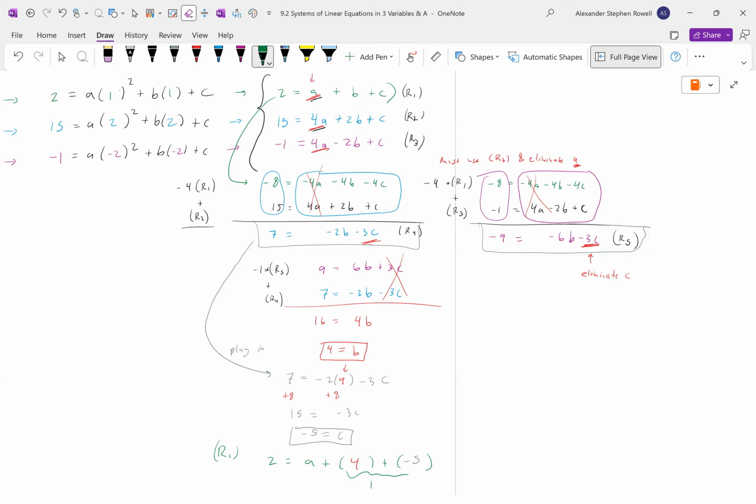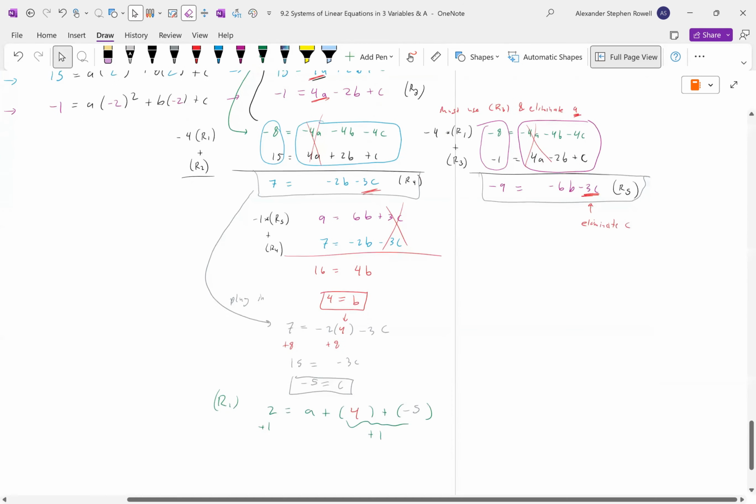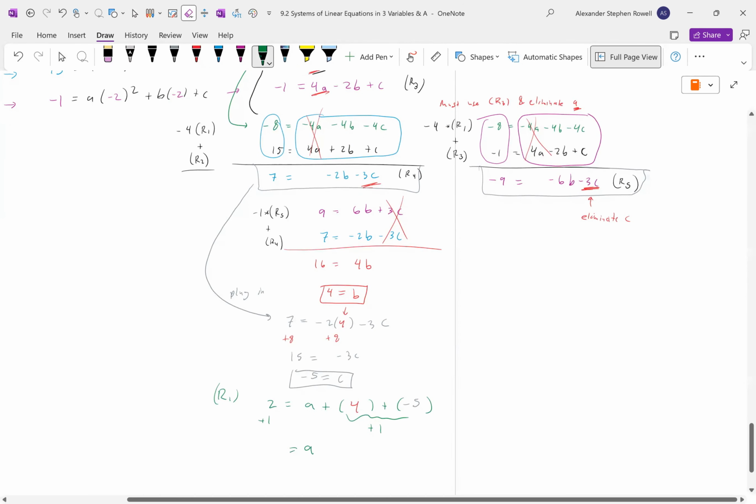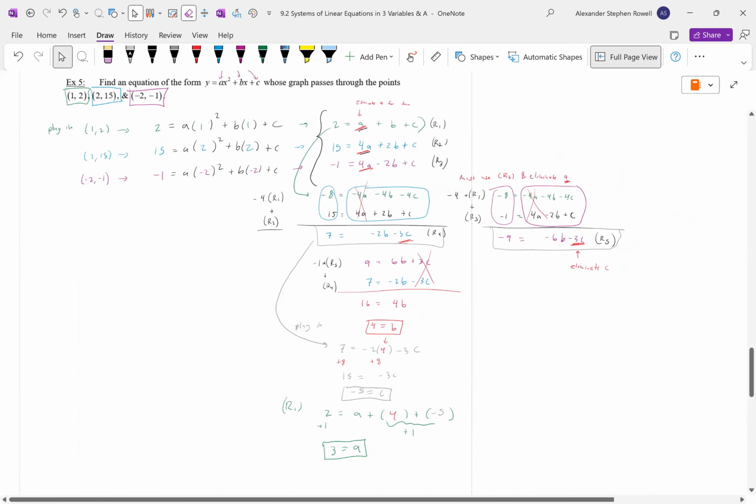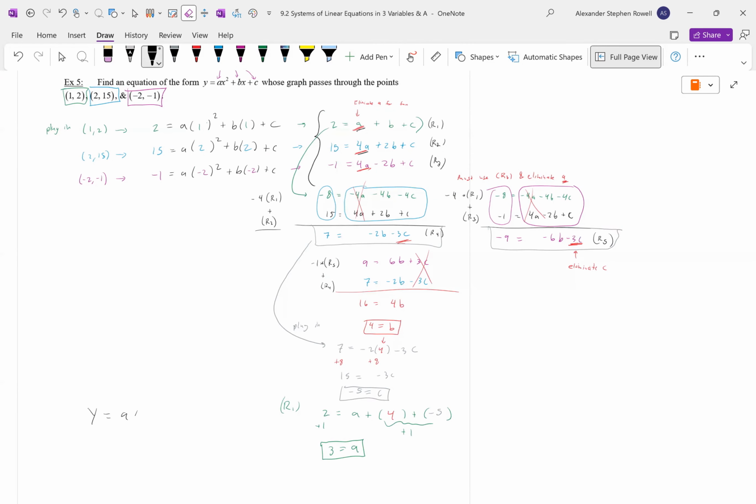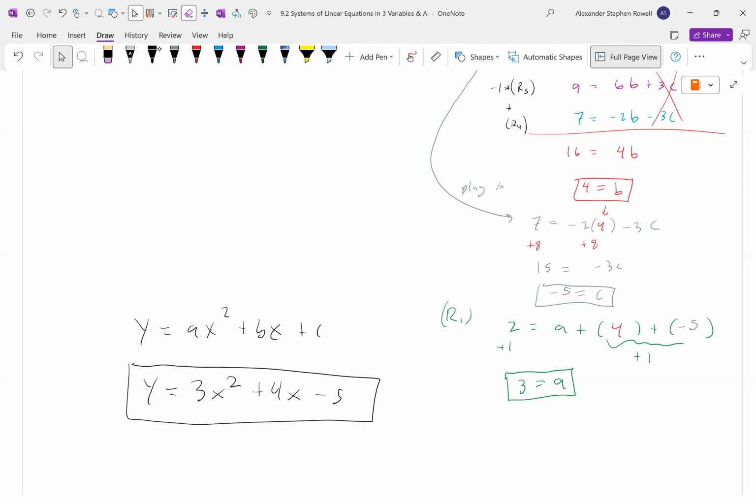And so I'll add 1 to both sides to get a is equal to 3. So what's my final answer? y is equal to ax squared plus bx plus c. So y is equal to 3x squared plus 4x minus 5. Are there any questions about this?